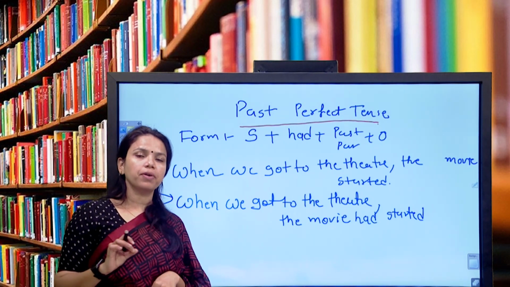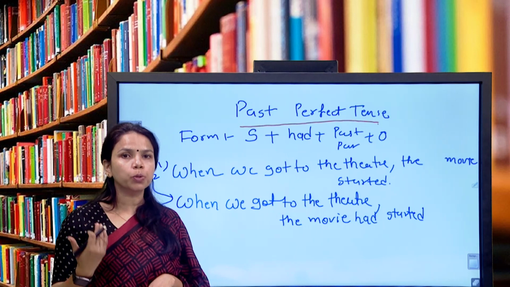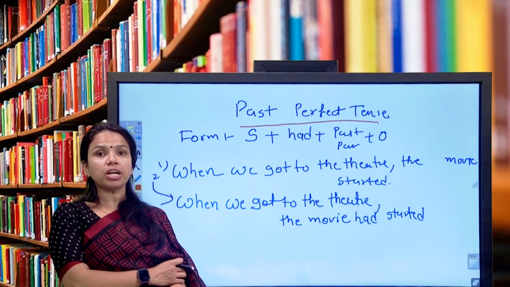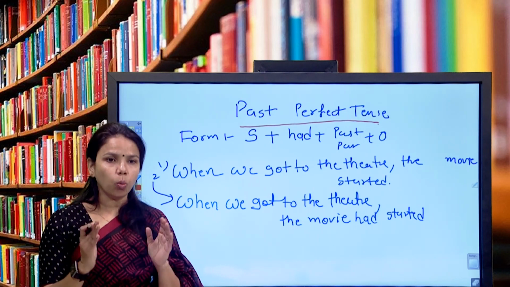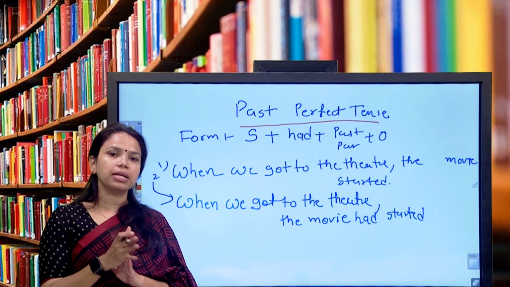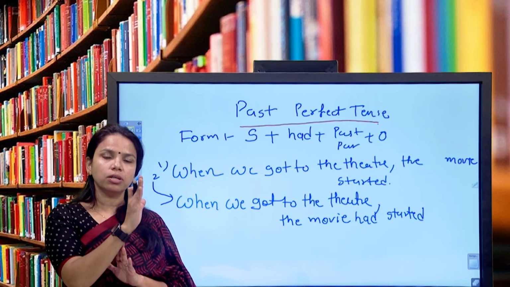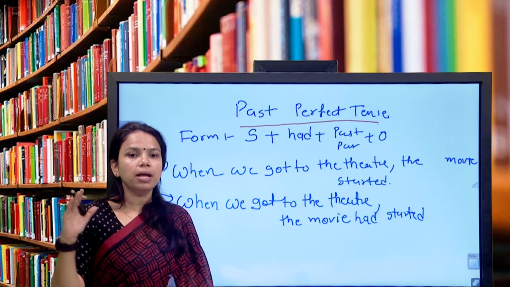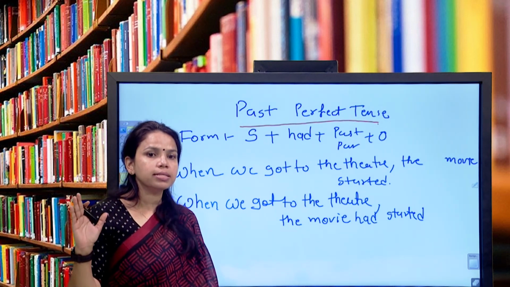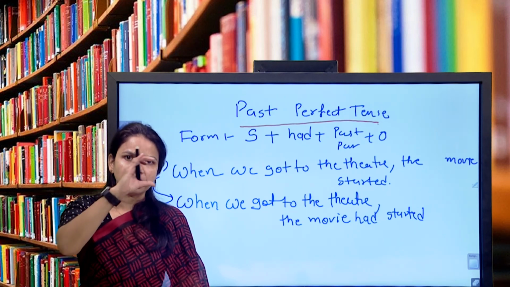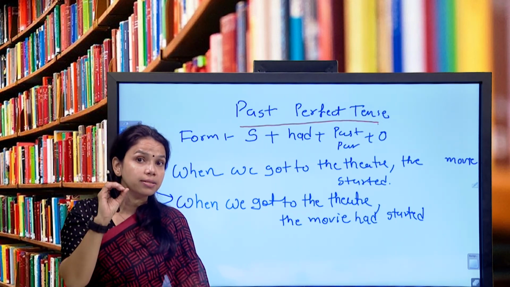Past perfect tense. Purna bhutkal. What is the form of the verb? What is the structure? Subject, verb, object. In the present perfect tense, we used subject, have or has, plus the past participle form of the verb and object. In the same way, in the past perfect tense, how do we structure the sentence pattern?